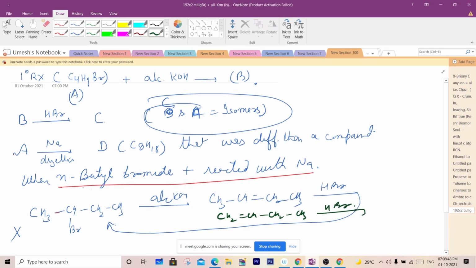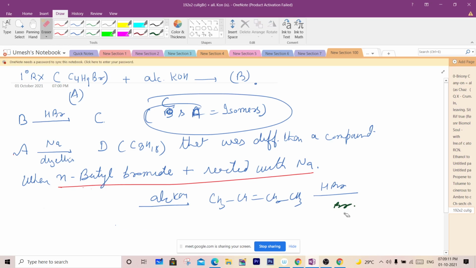Again you'll get the same product. Even then your answer is going wrong. It means this is also wrong. Yes or no? Okay. Now I'm removing this. Think about something different now. Everybody getting me?